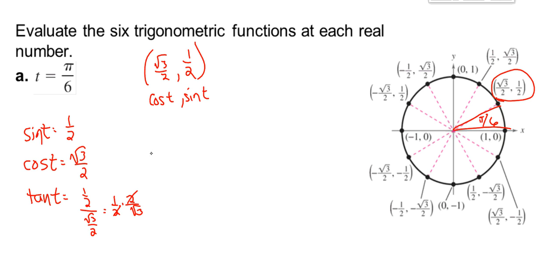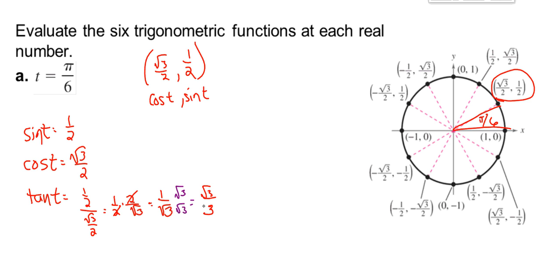We could also cancel them from back here and just say if they both have the same denominator, we can cancel those, but that's good practice as we go. And then that is 1 over the square root of 3. I have to rationalize my denominator, multiply by the square root of 3 over the square root of 3, and then I'm going to get the square root of 3 on top, square root of 9 on the bottom, which is just plain old 3.